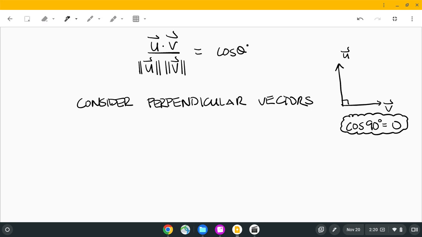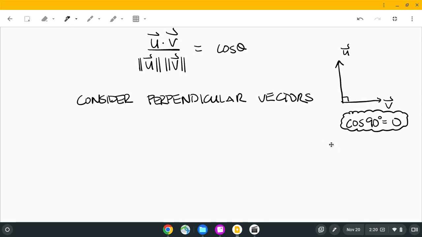So if this is 90 degrees, and remember, this angle theta represents the angle between u and v, in other words, if the two vectors we're talking about are perpendicular, then that angle is 90. And if this is 90, then this dot product must be 0.